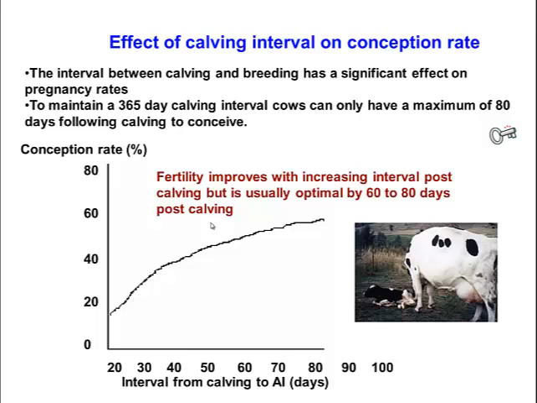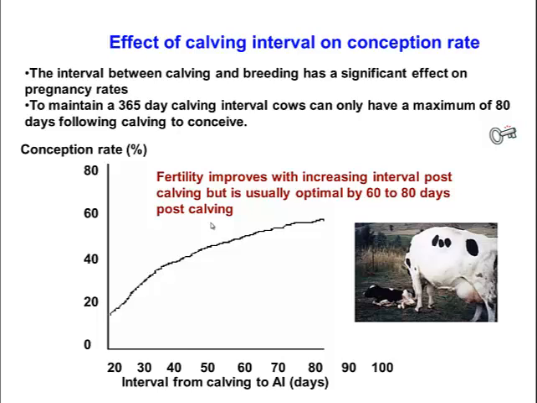First one we want to look at is calving interval and its effect on conception rates. The interval between calving and breeding has a significant effect on pregnancy rates. It's usually important on most farms to maintain a 12-month intercalving interval, or not to go too far over 12 months.